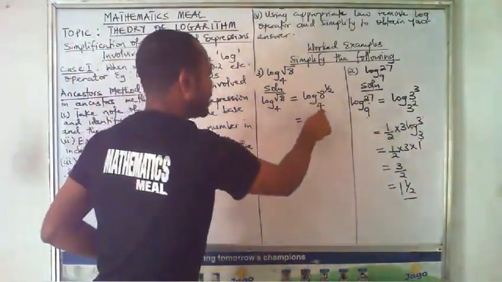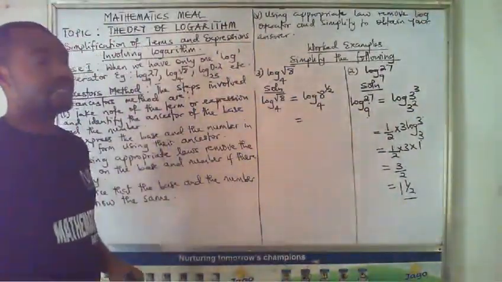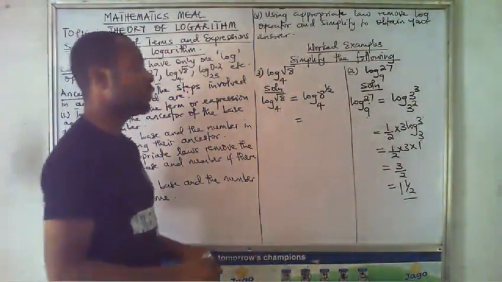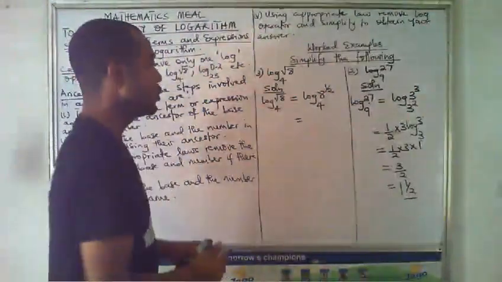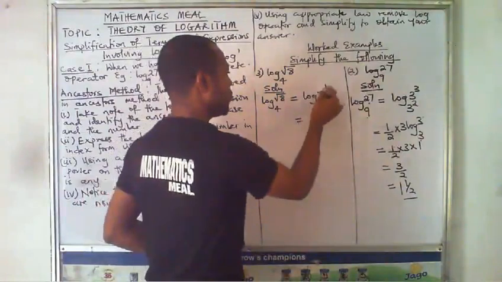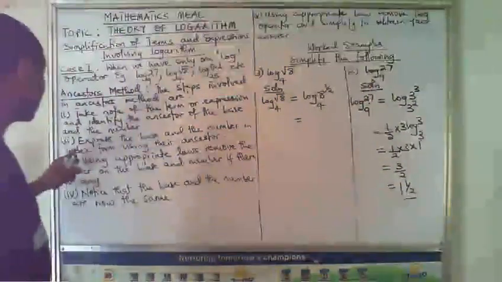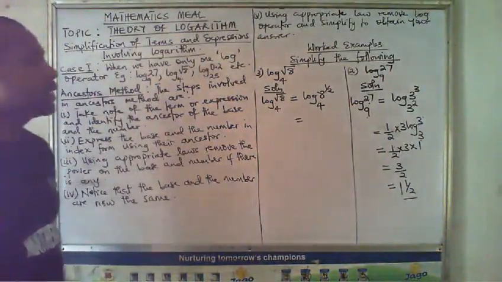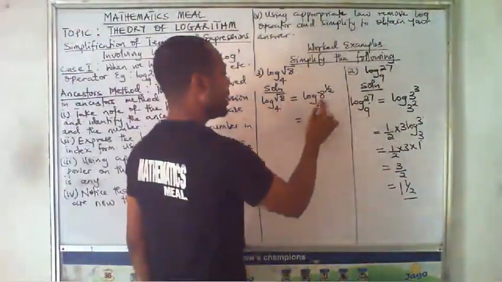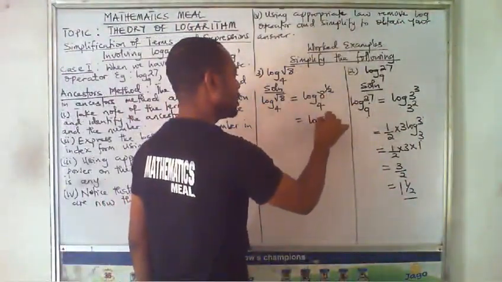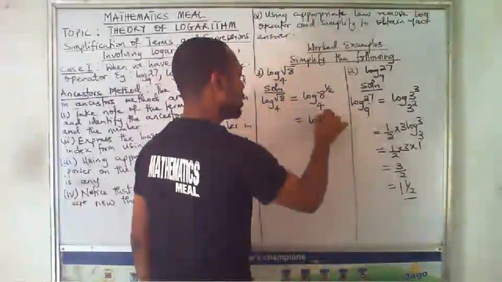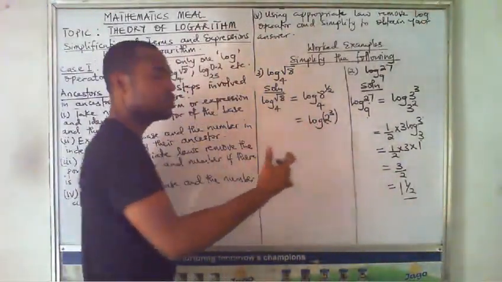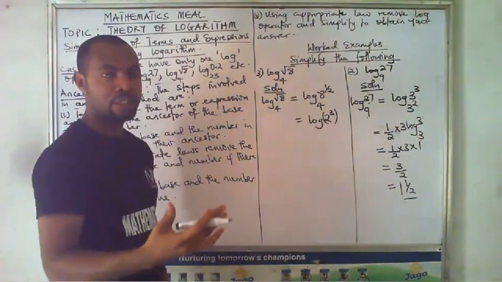So identify the ancestor of 8 and 4. The ancestor of 8 and 4 is 2. So now we have known it is 2. Then express the base and the number in index form using their ancestor. So if we write 8 in index form, 8 is actually 2 raised to the power 3. 2 times 2 times 2, that's 8.